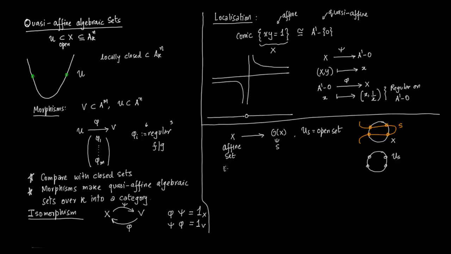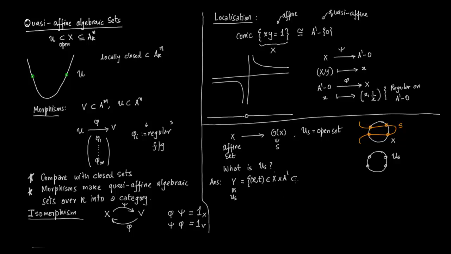So what is this set U_S? We want to describe this set U_S. This U_S is isomorphic to this set Y, which is given as the tuple (x, t), which is an element of X times A^1.